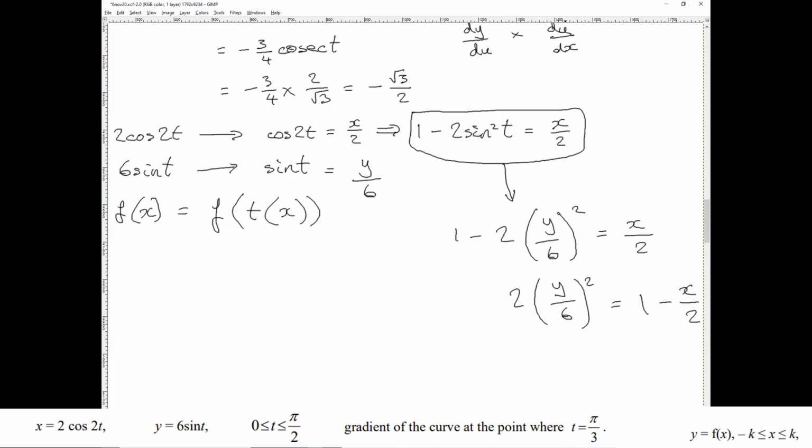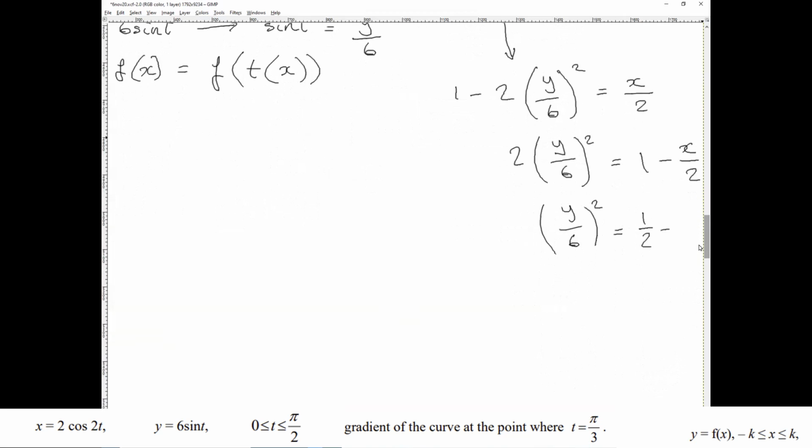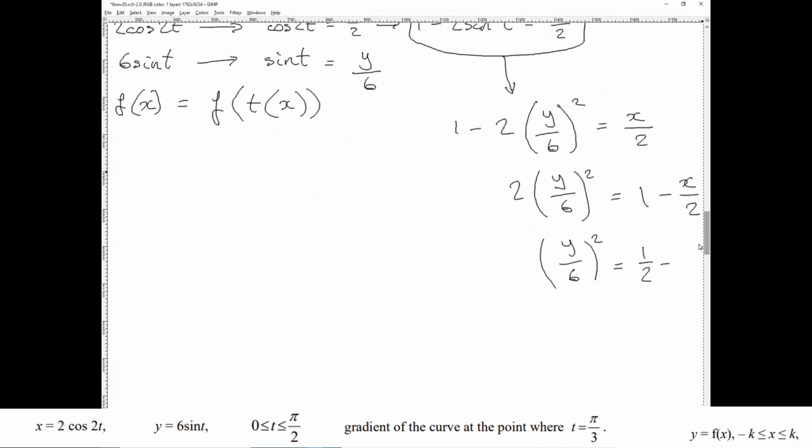Then, could you divide everything by 2 on the right hand side? Yeah, definitely do that before trying to square root. So what have we got on the right hand side? We've got a half minus, take x over 2 divided by 2, x over 4.